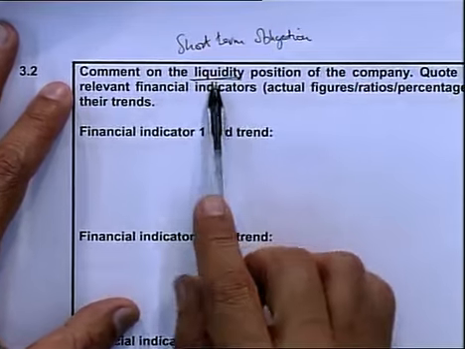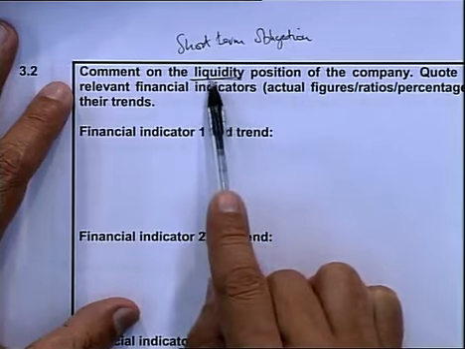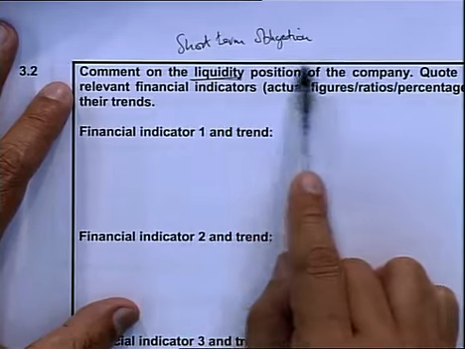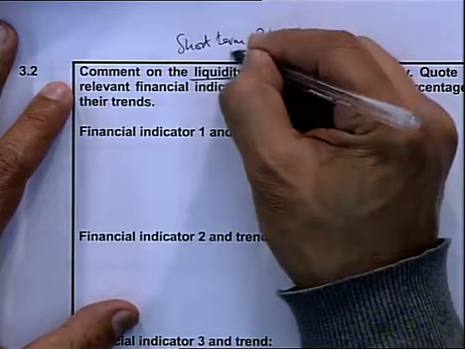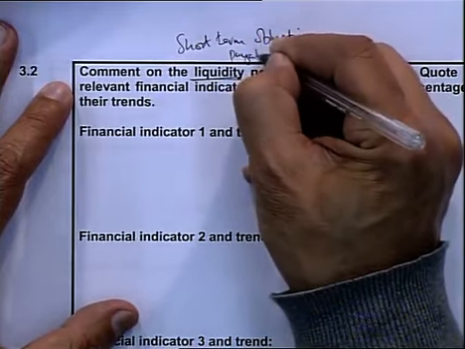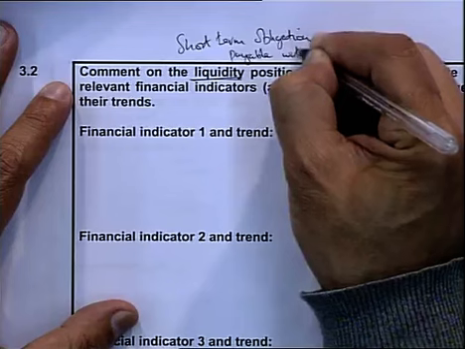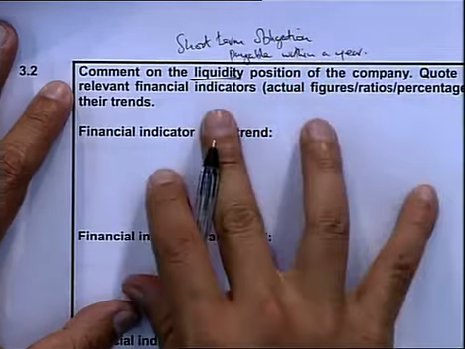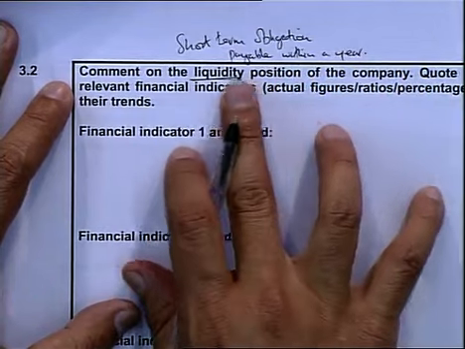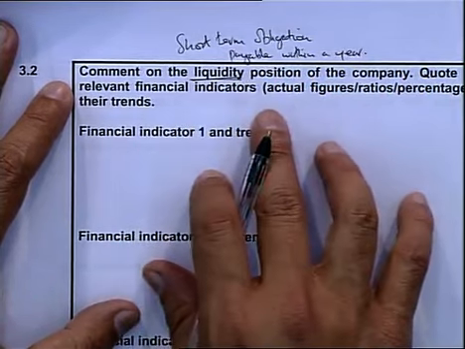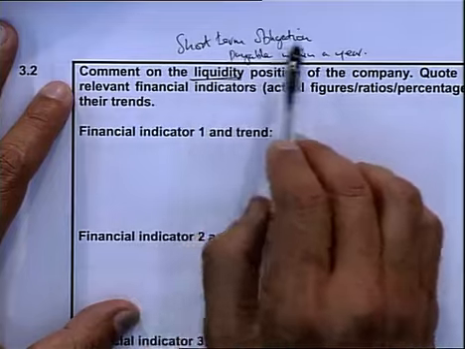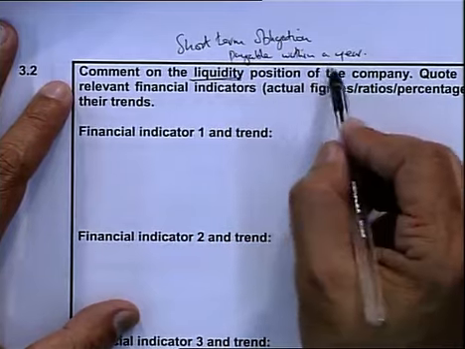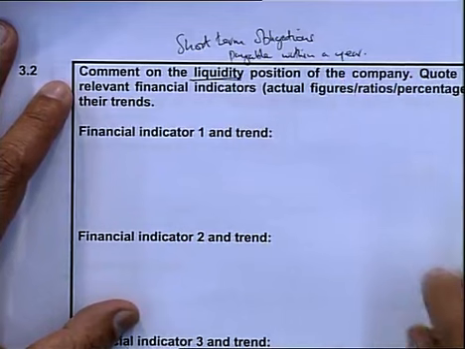In other words, whatever we owe that is payable within a year. So whenever they speak about liquidity, it's always the ability of the company to settle its short-term obligations. All those items that must be paid back within a year.